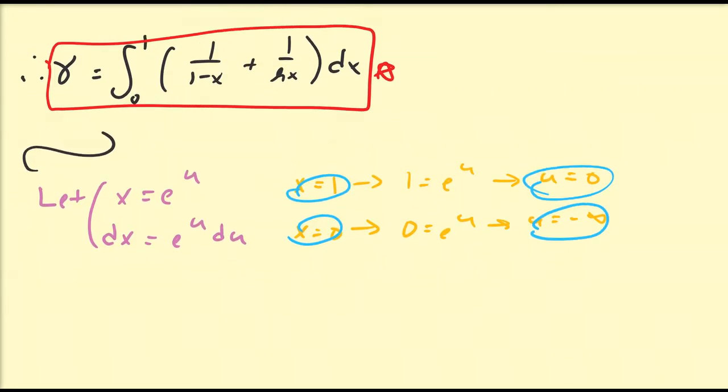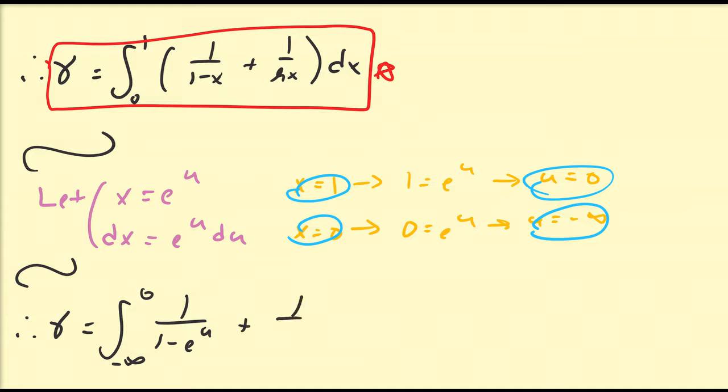So let's rewrite our integral in terms of that. Gamma is going to be equal to the integral from minus infinity to 0 of 1 over 1 minus x, where x is e to the u, plus 1 over the natural log of x, which is just u, times dx, which is e to the u du.